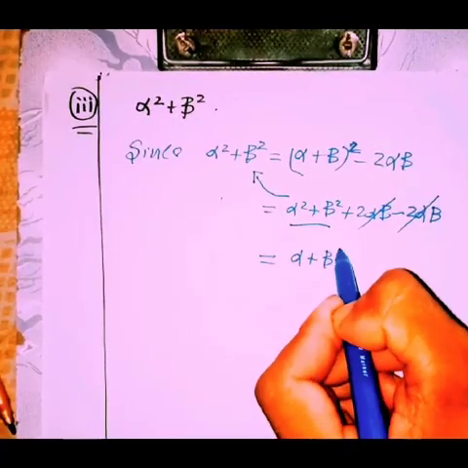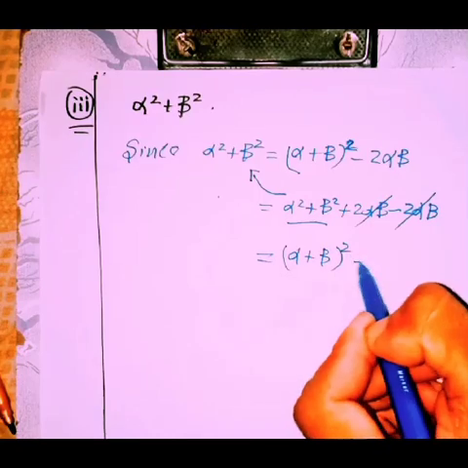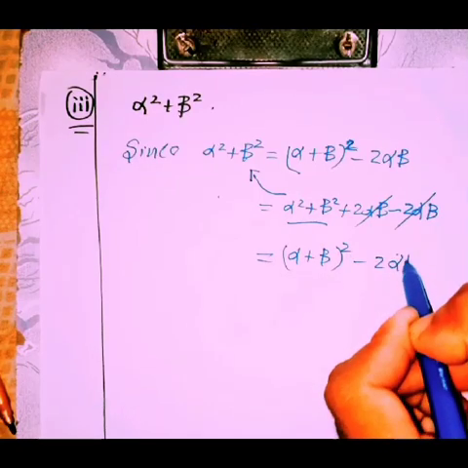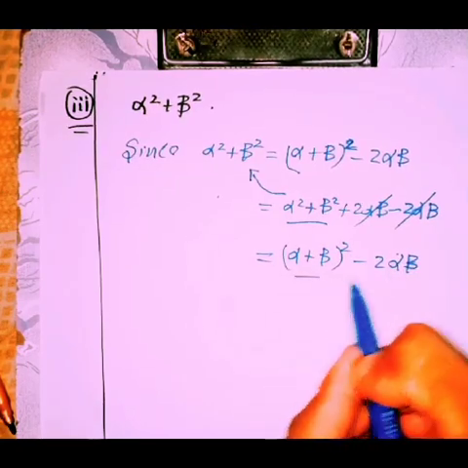So we write alpha square plus beta square is equal to alpha plus beta whole square minus 2 alpha beta.